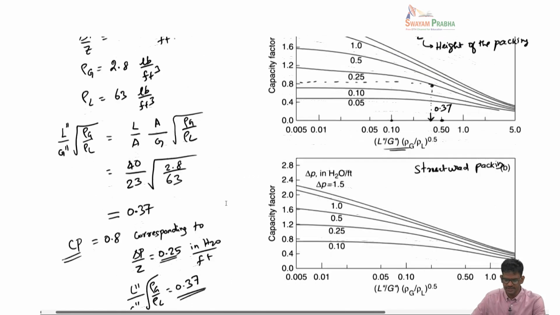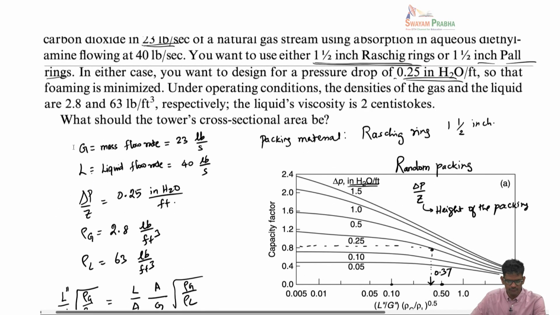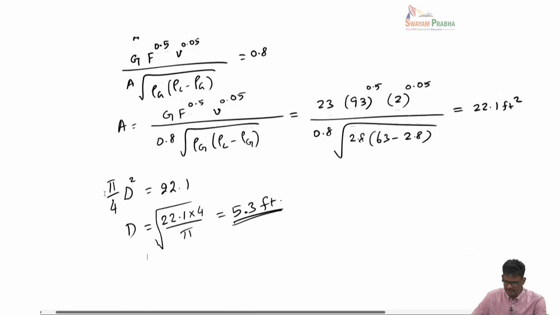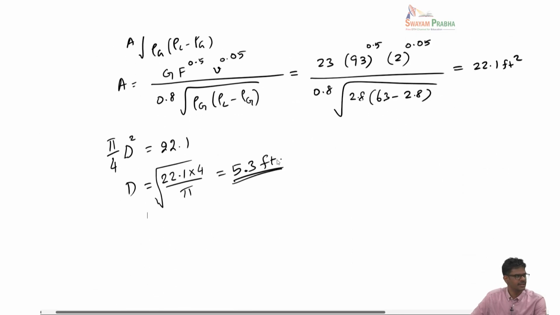So what this means is, if I go back here, for the given flow rates of gas and liquid and a target pressure drop, if I use a column of diameter 5.3 feet, that would give me the desired pressure drop to operate those desired liquid and gas flow rates. Okay, that's what this means.